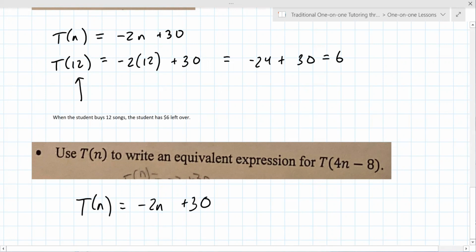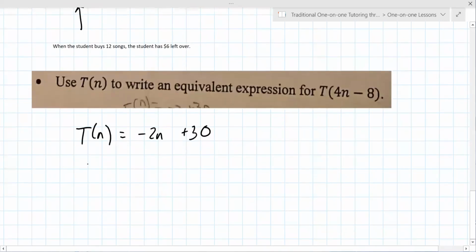What you are used to, because we've done this a couple of times, is I give you a value here, like I put a number in here and you put that number in for n. Like I said 0, you put 0 in for n. 12, you put 12 in for n. Now what's different here is that instead of a number, it's an expression. So n is now being replaced by 4n minus 8.